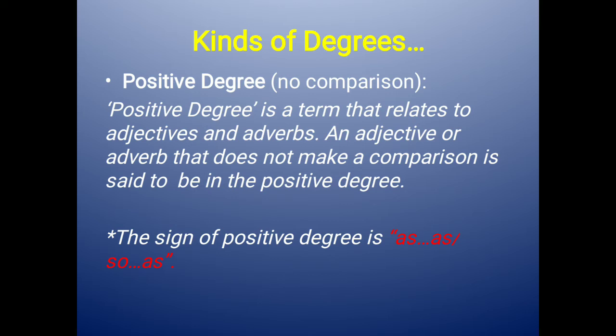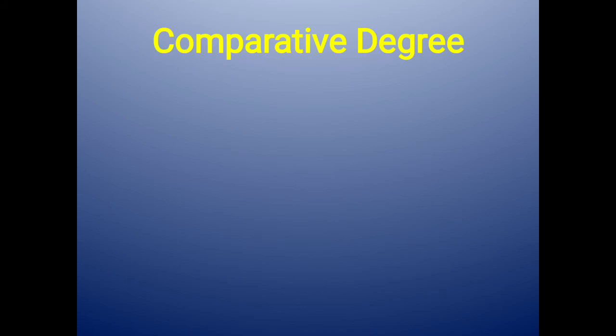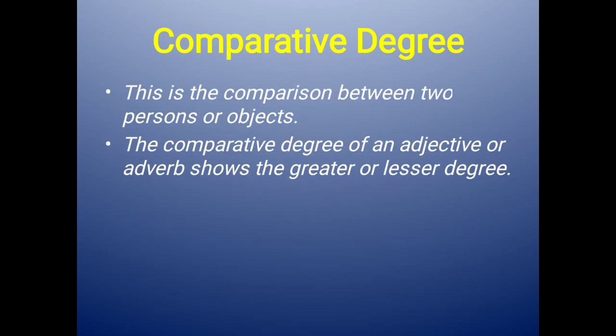After this we are going to the second type of degree, that is comparative degree. Comparative degree is totally different from positive degree, because in positive degree we don't have comparison, but here we need to compare persons or objects.